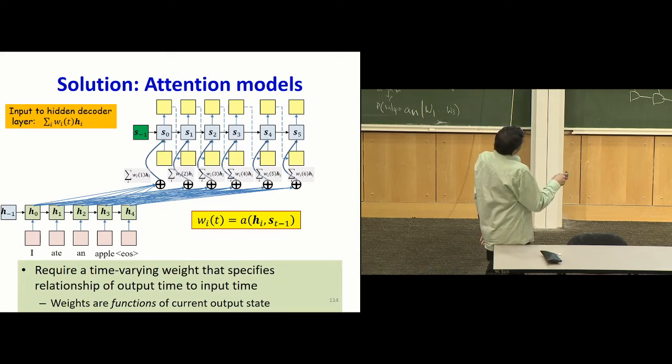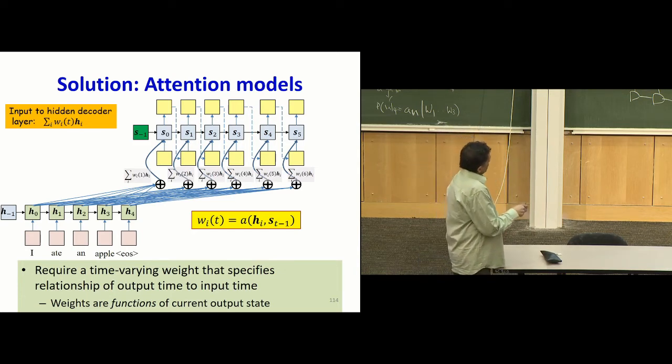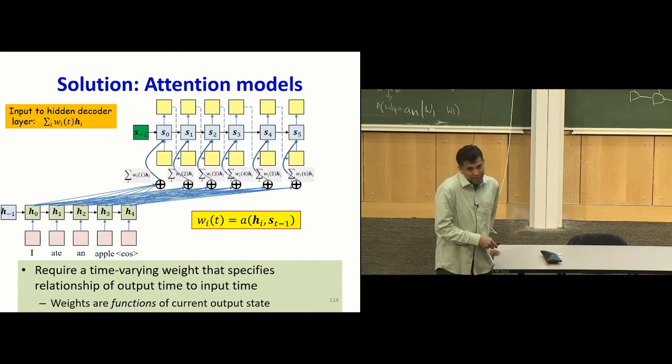So to find out the weights with which these must be combined for time 3, we are going to assume that the weights are a function of s2 and the hidden states. So the weight assigned to the ith input at time t is some function of the hidden state computed from the ith input and the output state at time t minus 1.